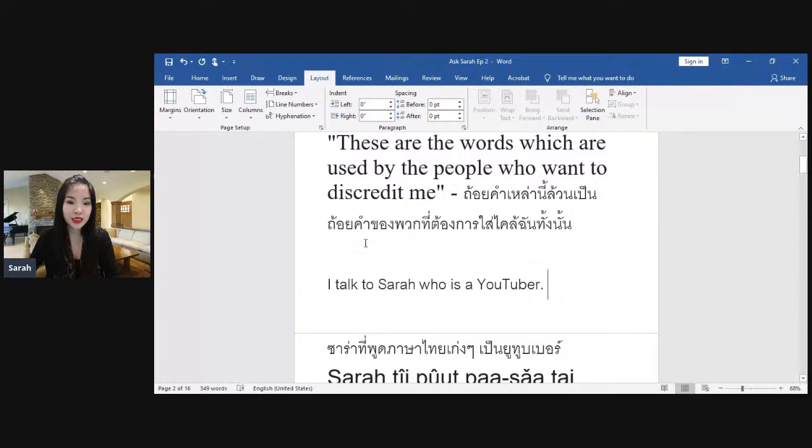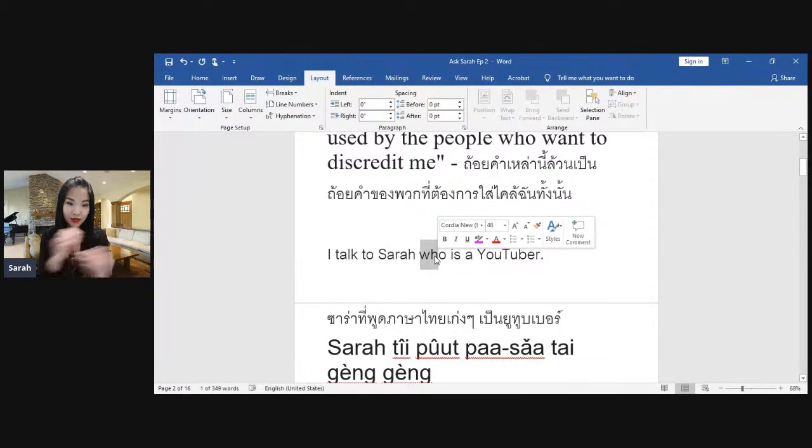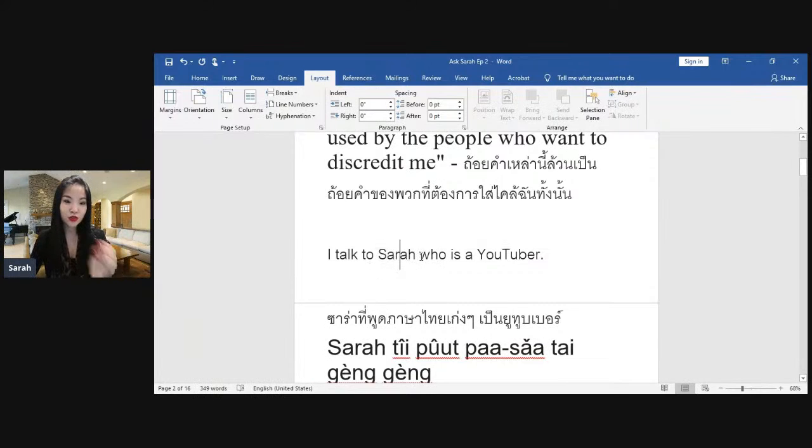So in English we use who as a relative pronoun. If you don't know what relative pronouns are, they are the words that link and modify the object or the subject. Okay, so it's a complex sentence. Simple, compound, complex sentence. This one is a complex sentence.